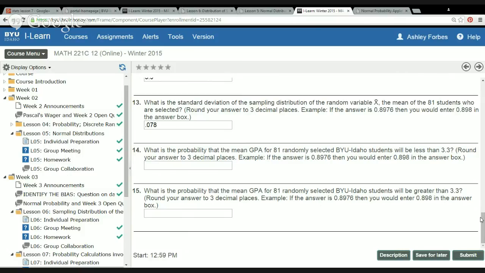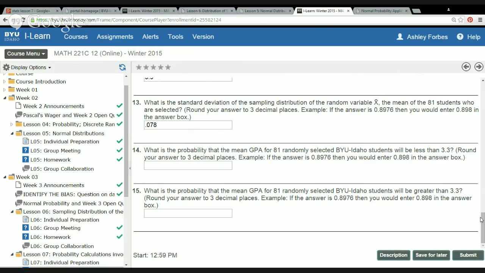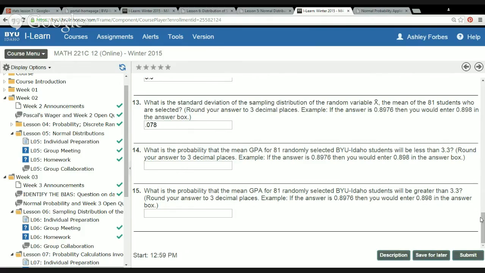Negative 0.2. Okay. What'd you get? 2.857. And that was negative, right? Yes. Okay, that's what I got too.